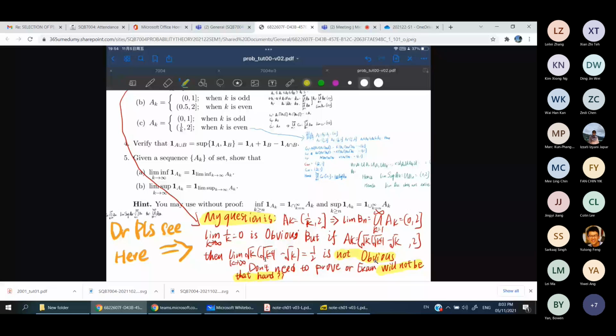Square of k, then multiplied. Oh, okay, so this is the one. This is half. It's not obvious.